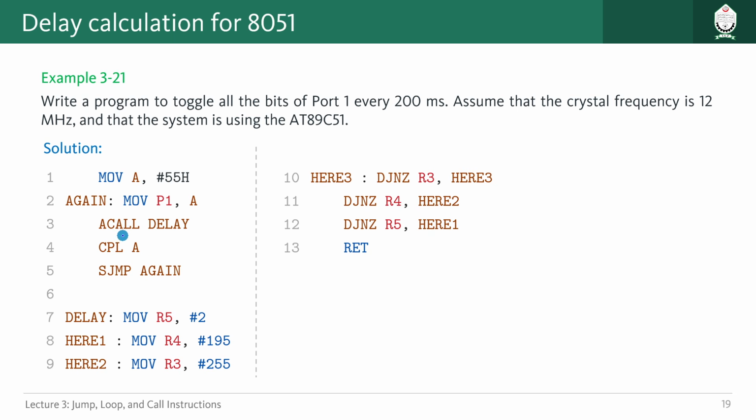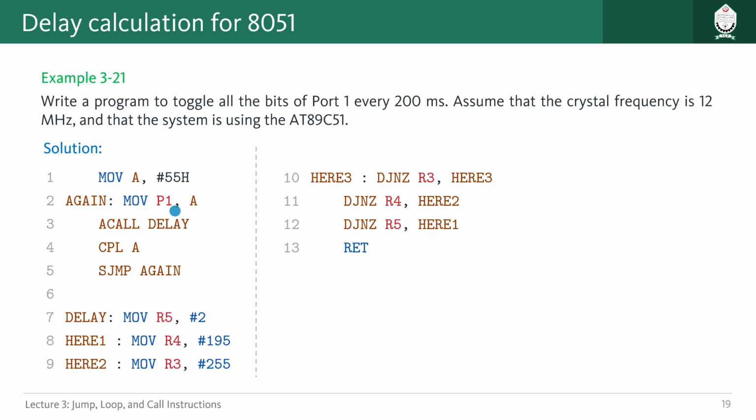Then we have used CPL A, so we have complemented all the bits of A, and then we have short jumped again, so it will come here and the complemented value is already saved in A, so that will be moved on to P1. So in this way, after 200 millisecond, all the bits will be toggled.